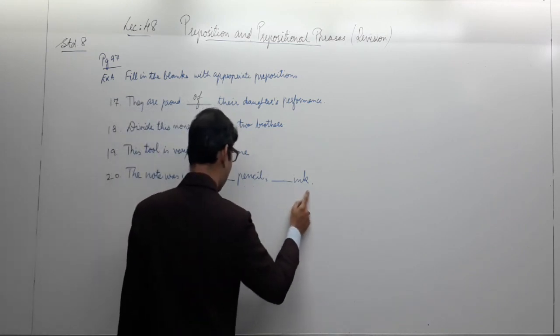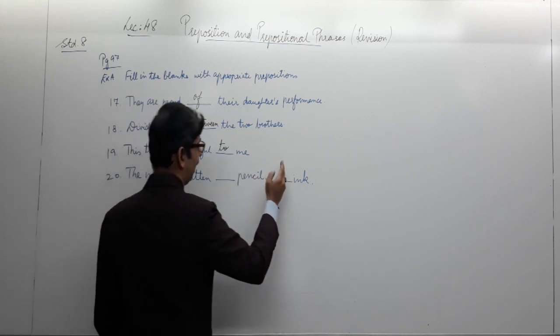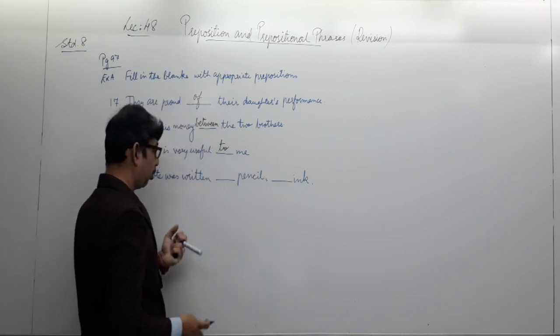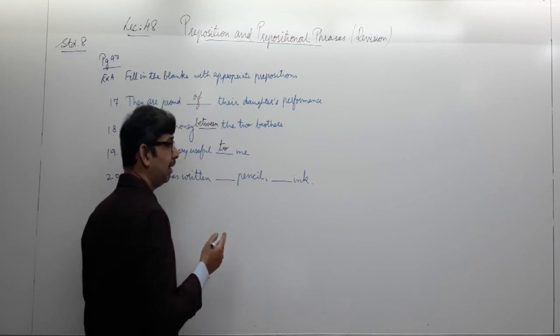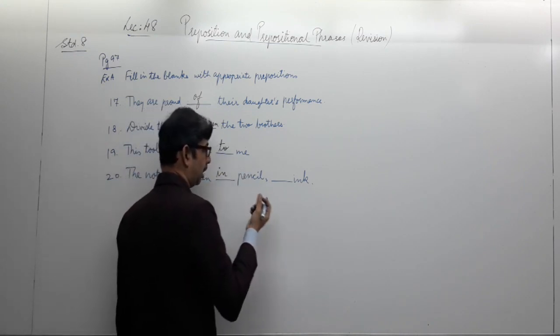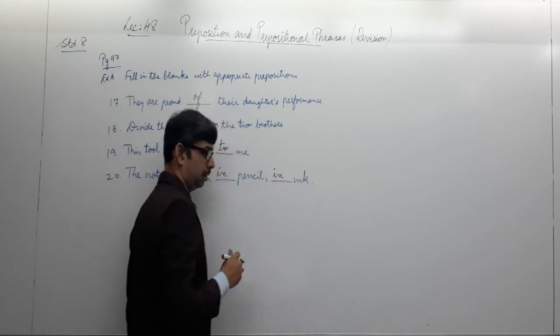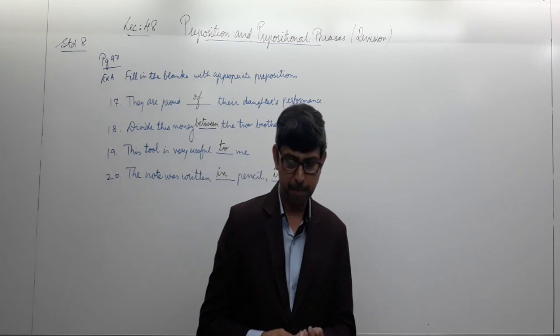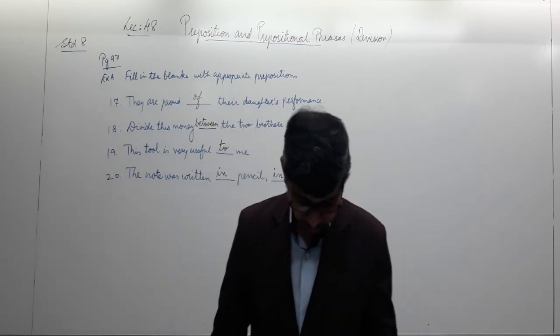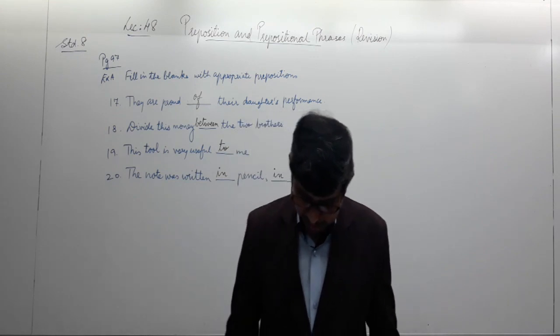So the note was written in pencil and in ink. You don't write with pencil and with ink. In pencil, that is the writing of the pencil, and in ink, the ink that is used in the process of writing. The next exercise that we have, exercise B.